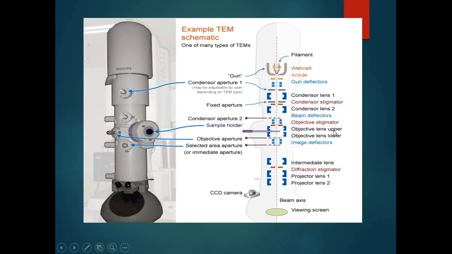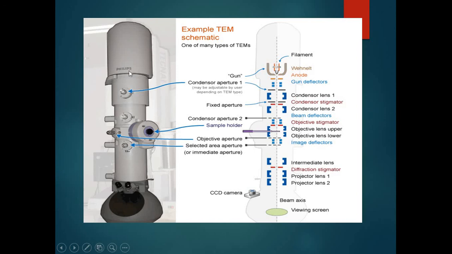Here you can see the objective lenses, which are used to enlarge the object and resolve it according to its magnification. Here you can see the different projectors, which project the image on the fluorescent screen.